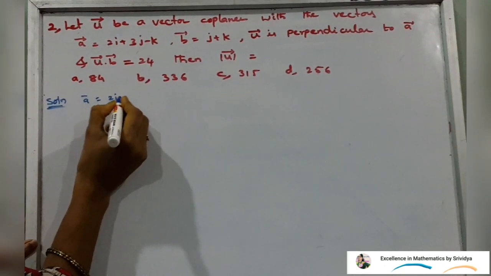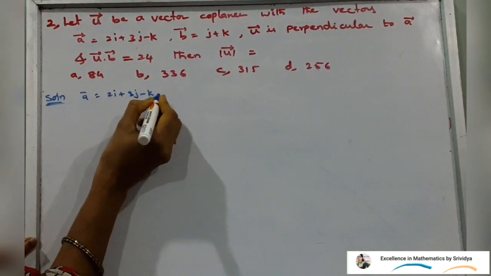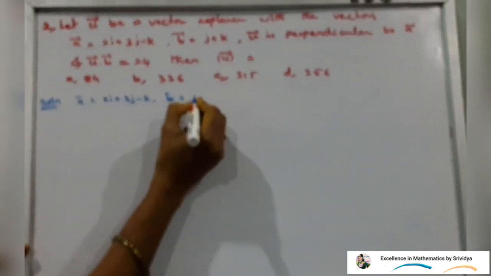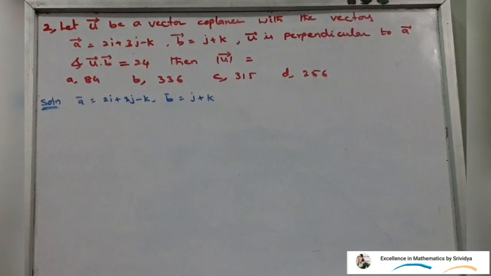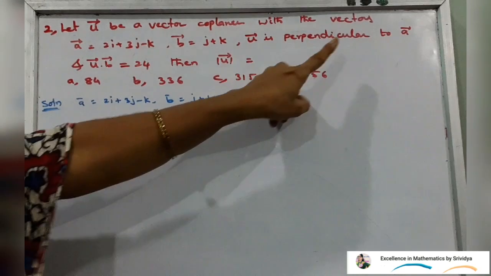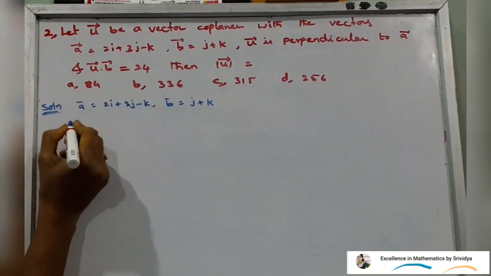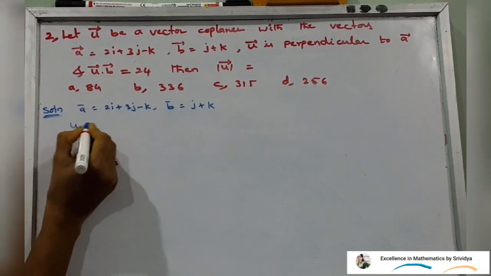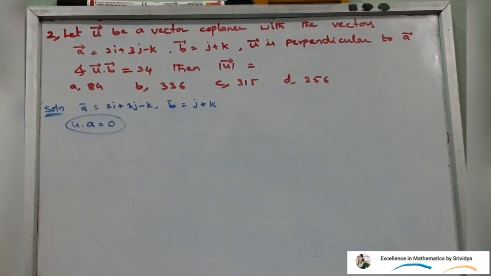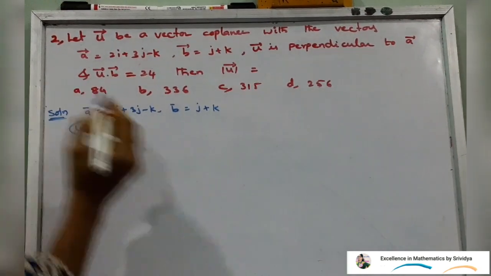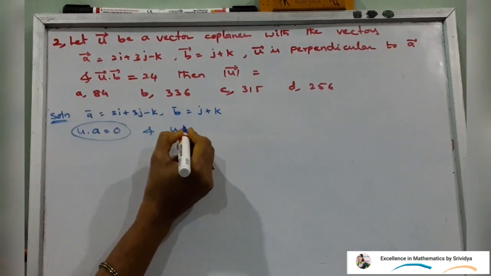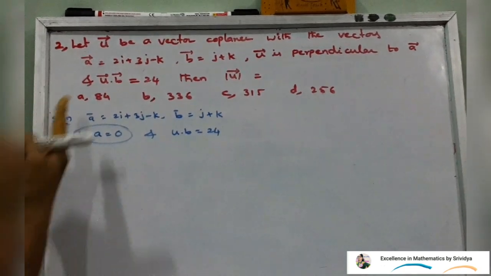Here two vectors are given. A bar is equal to 2i plus 3j minus k. B bar is equal to j plus k. Given u is perpendicular to a. Since u is perpendicular to a, then u dot a must be 0. And given u dot b is equal to 24.